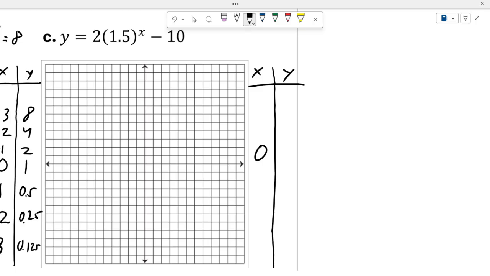So 1.5 to the 0 is 1, okay? But then I take that 1 and I multiply by 2. That gives me 2. And then 2 minus 10 is negative 8. So again, I plug in, x becomes 0. So that's 1.5 to the 0, which is 1. 2 times 1 is 2, and 2 minus 10 is negative 8.